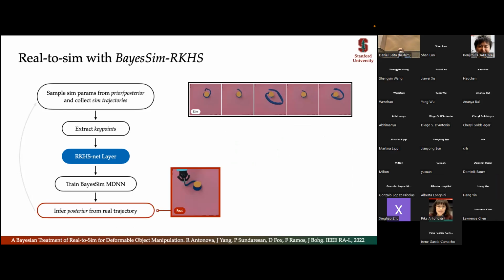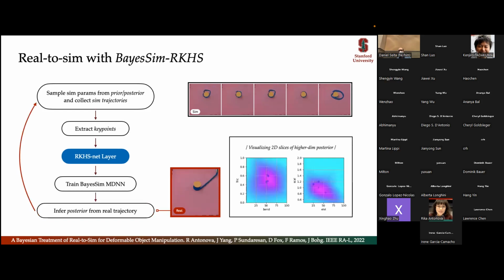And this is just like a regular training of a mixture density network, just with these special inputs and outputs. Then after this, we infer the posterior for our simulation parameters by passing through this network the data for the real trajectory of what happens when the real robot manipulates this deformable. Over time, we could have one trajectory or multiple trajectories, and we would get from this mixture density network the mixture distribution of what our simulation parameters should look like, the distribution of them, not a single point estimate.